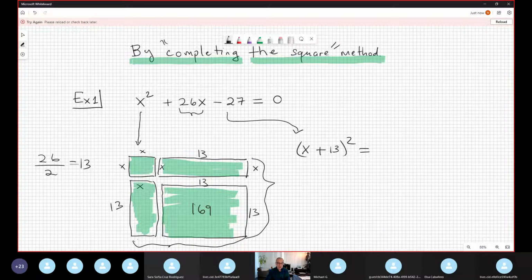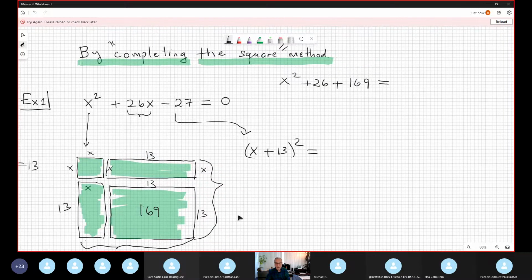So basically, 27 does not participate in the game. So x squared plus 26x, plus, I introduce artificially 169. Now, I move 27 to the other side, like a positive 27, plus 169.